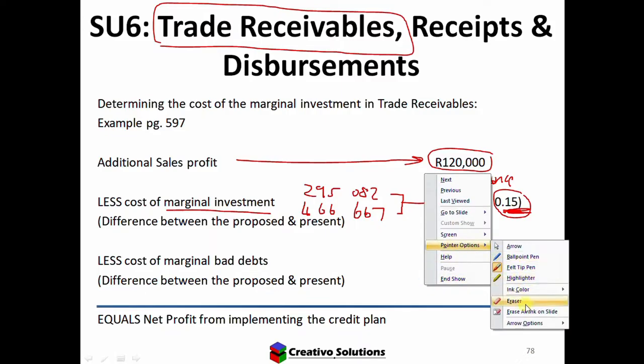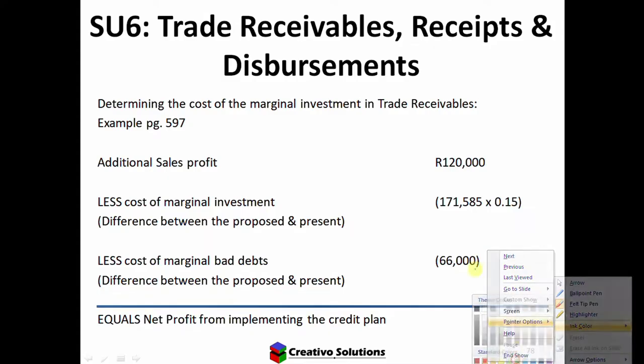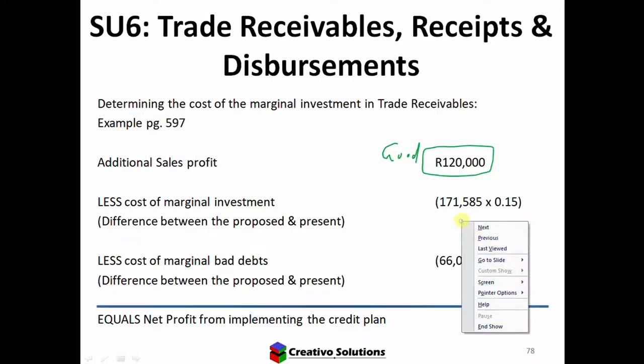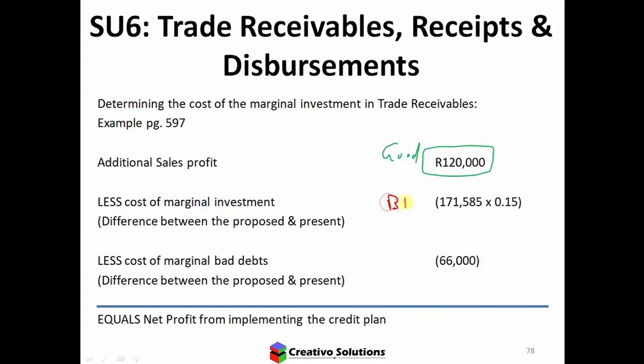Right, so let's look at this. Is this good or is this bad? This is good. This is bad. What is the net effect going to be?